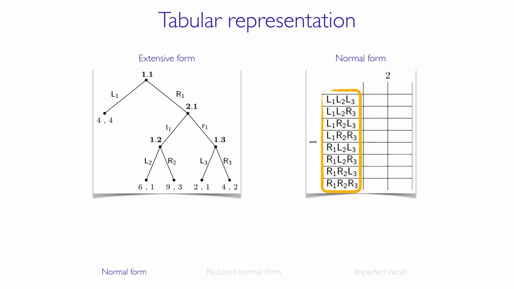That is, the plans reported in the figure. In the case of player 2, the plans are lowercase l1 and lowercase r1. Given a profile of actions, we identify an outcome and therefore the utilities of the players. Repeating the procedure for all the profiles of actions, we can entirely fill the tabular representation with the utilities of all the outcomes.